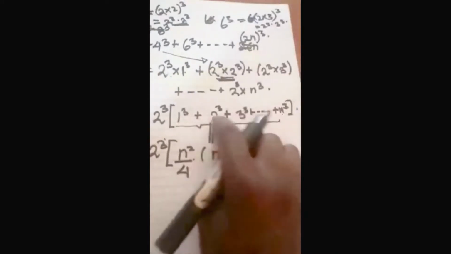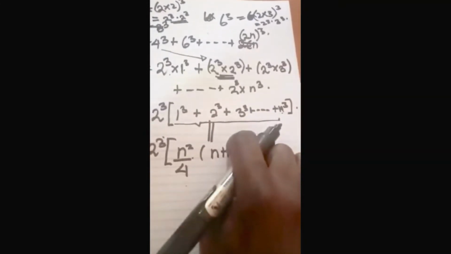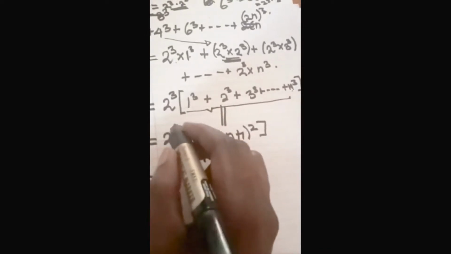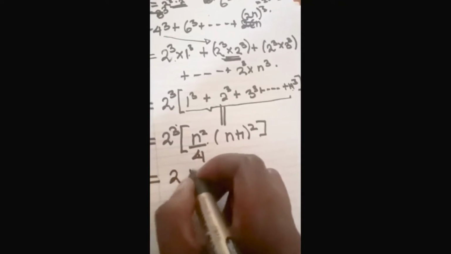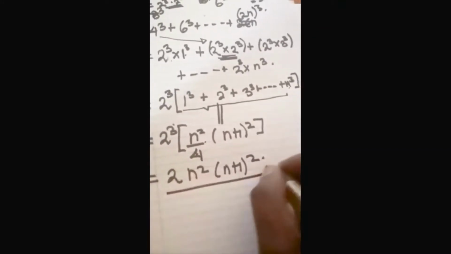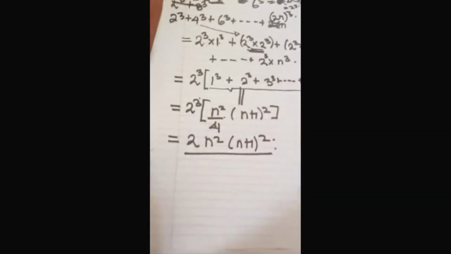The whole of this summing will produce this. Then when you try to calculate, this one here is 8 and this is 4. So this one will turn into 2 when you cross n plus 1 squared. So this is the thing. That is how it comes.